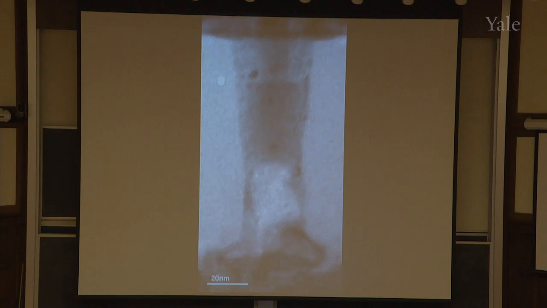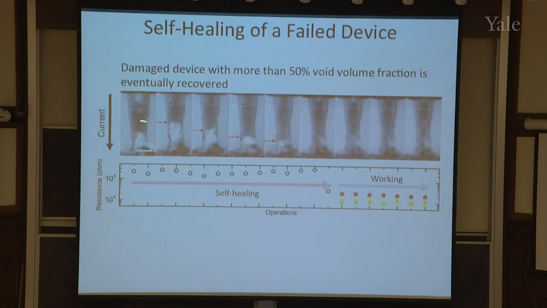Now, this is a snapshot, right? There was a huge void, and we keep putting negative voltage here. Antimony is flowing, and we're moving the element down, and at some point it filled the entire device. And if you look at the resistance values, which respond to how the atoms are arranged, you see that at the beginning, the resistance is really high.